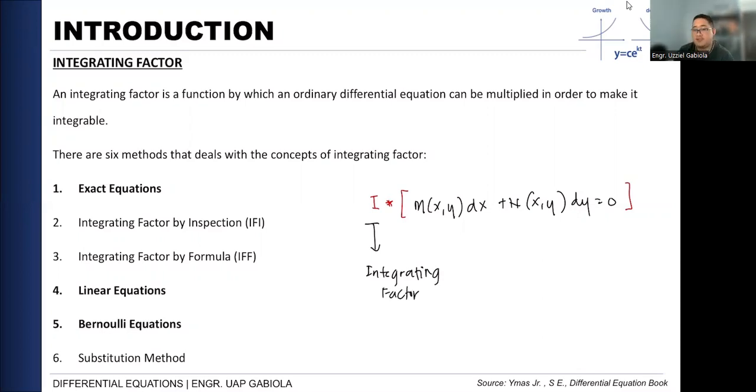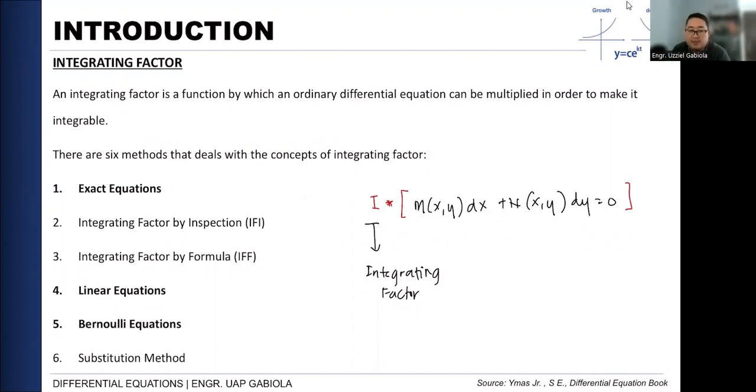Once you multiply that function, the equation becomes integrable. Our goal, as in our previous discussions, is to arrive at the required equation, and we need to integrate to remove the dx and dy quantities. That is why we multiply by an integrating factor.